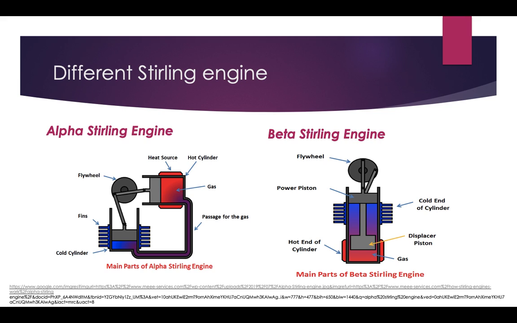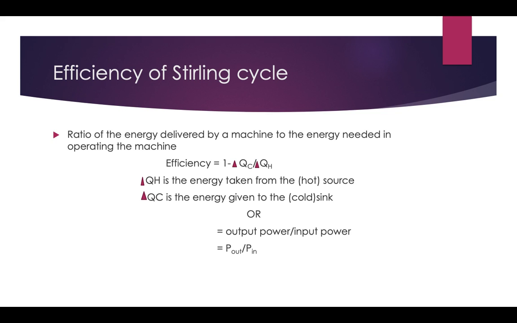So next is efficiency of Stirling cycle. So basically efficiency is the ratio of output power to the input power, or it can also be defined as a ratio of the energy delivered by a machine to the energy needed in operating the machine. So mathematically, efficiency is equal to 1 minus delta QC divided by delta QH.